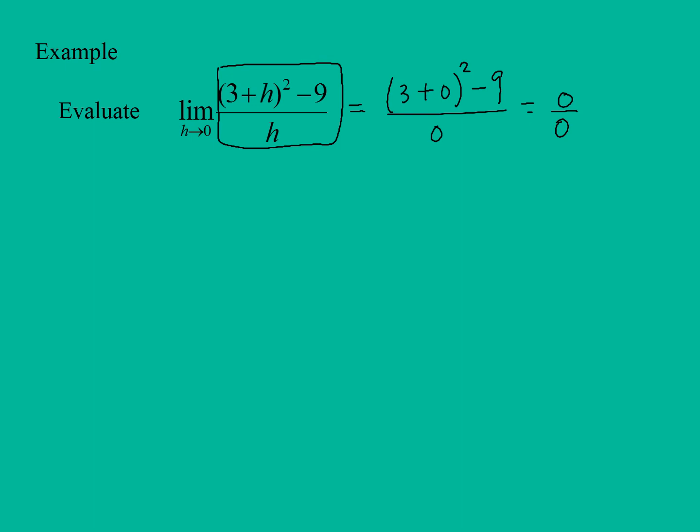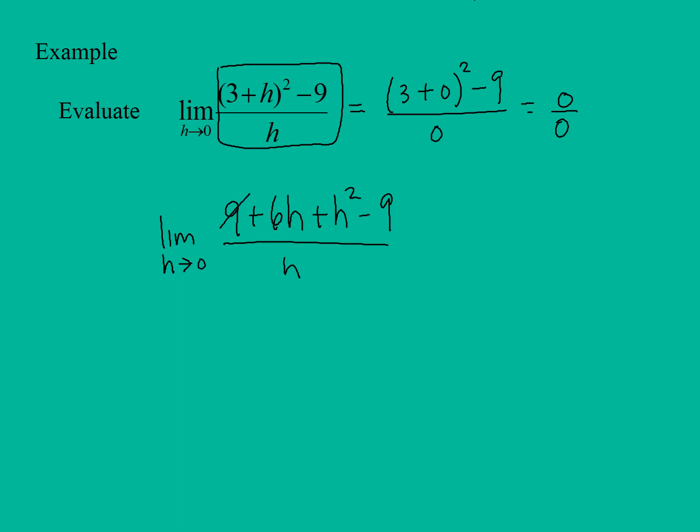Well, let's try expanding the (3 plus h) squared. We would get 9 plus 6h plus h squared minus 9 all over h, and we're taking the limit as h approaches 0.